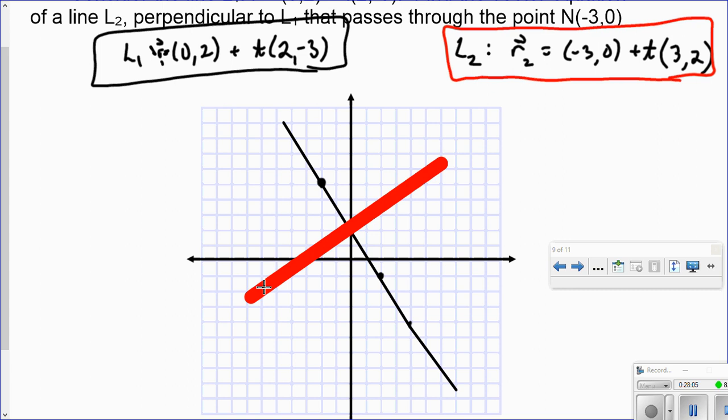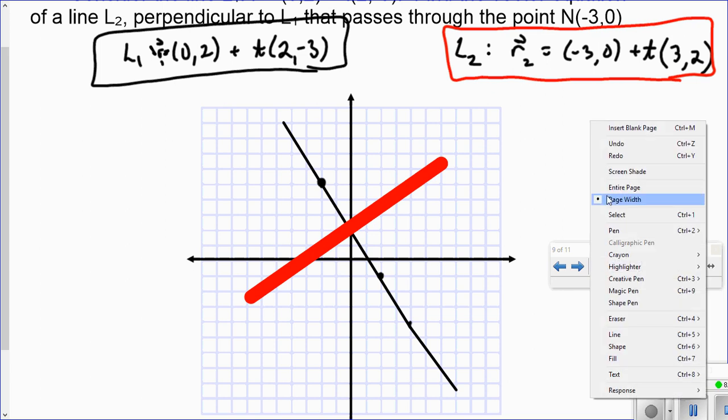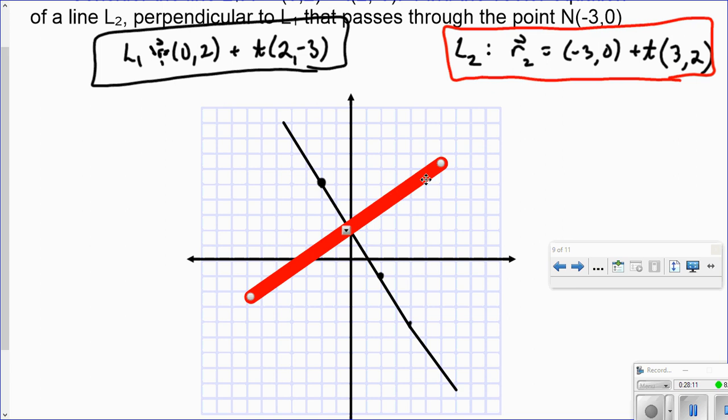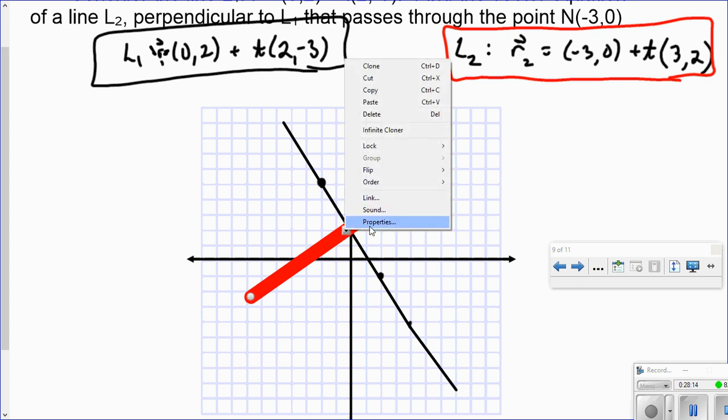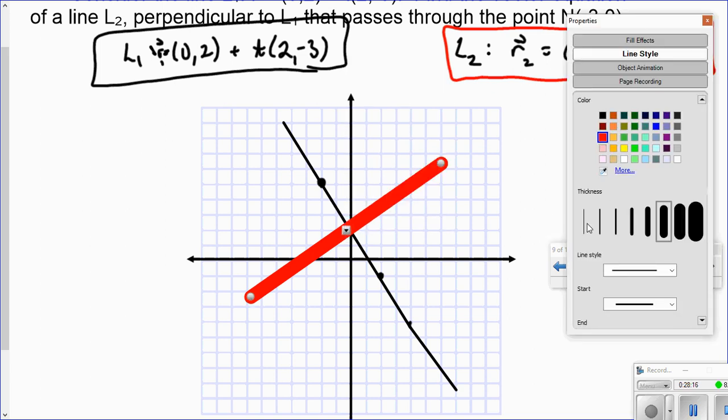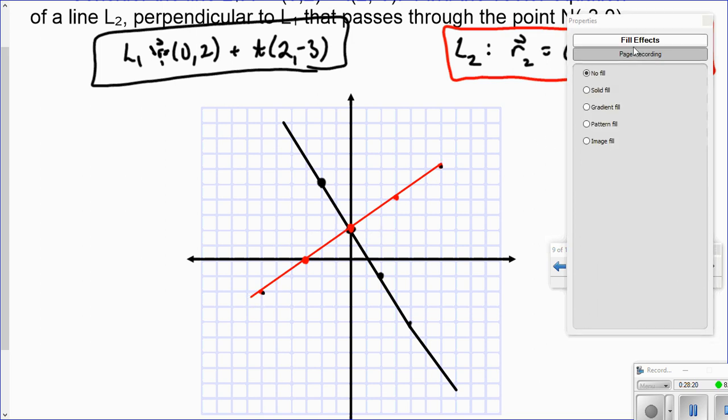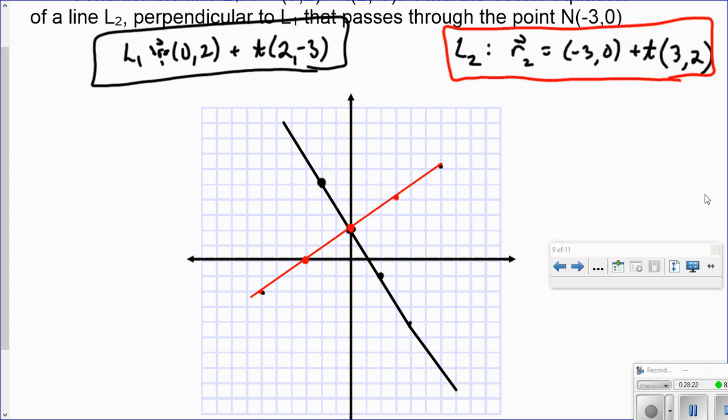I'm going to see if I can change the properties of it. Yeah, much thinner, better. I should have done that in the first place. So there are my two lines, and this would be L2.